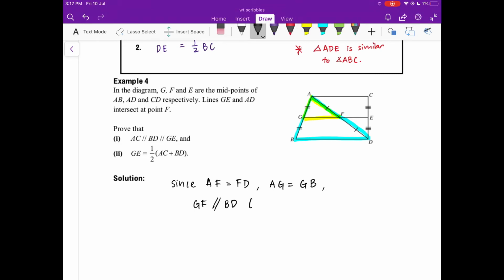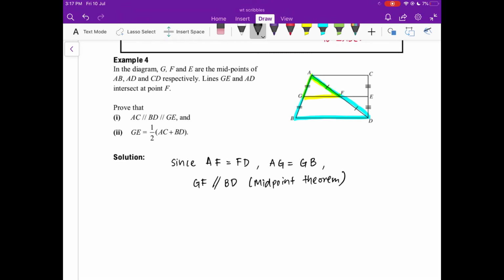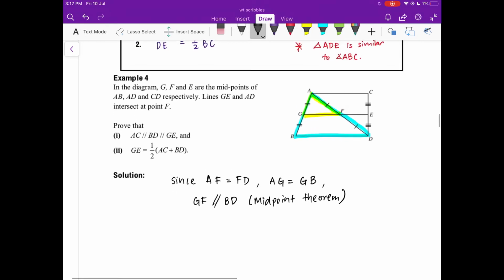This one is the midpoint theorem. We use the midpoint theorem whereby, in these two triangles, G and F are the midpoints of both lengths AB and AD. So we can prove that GF is parallel to BD.